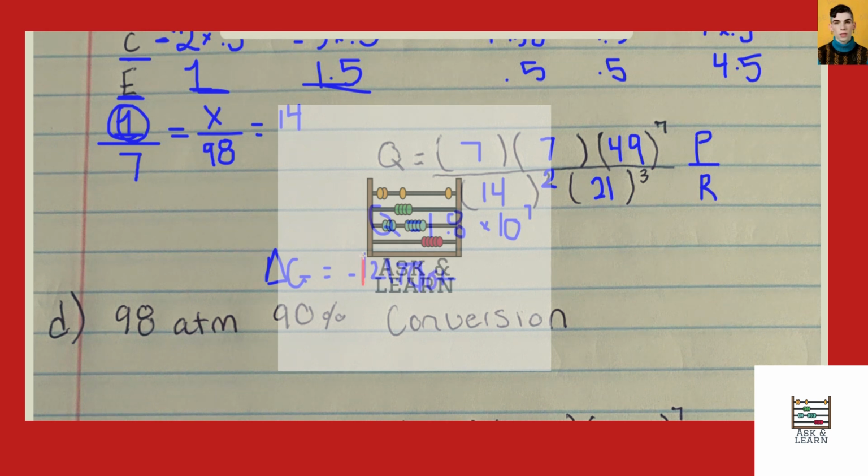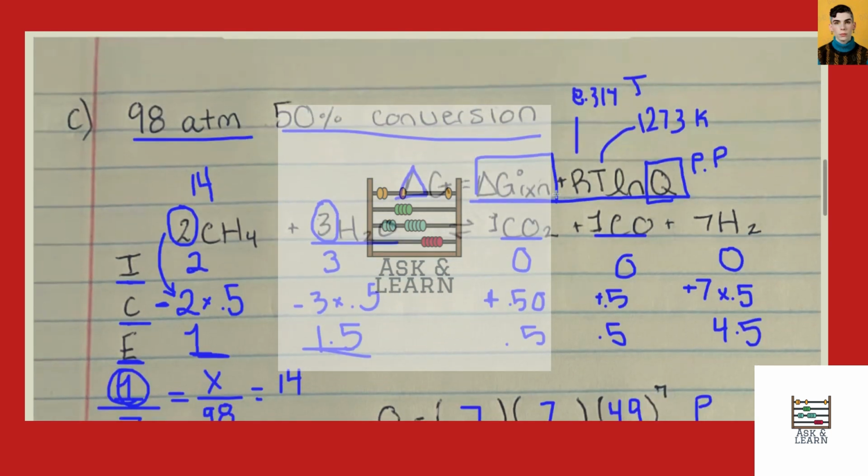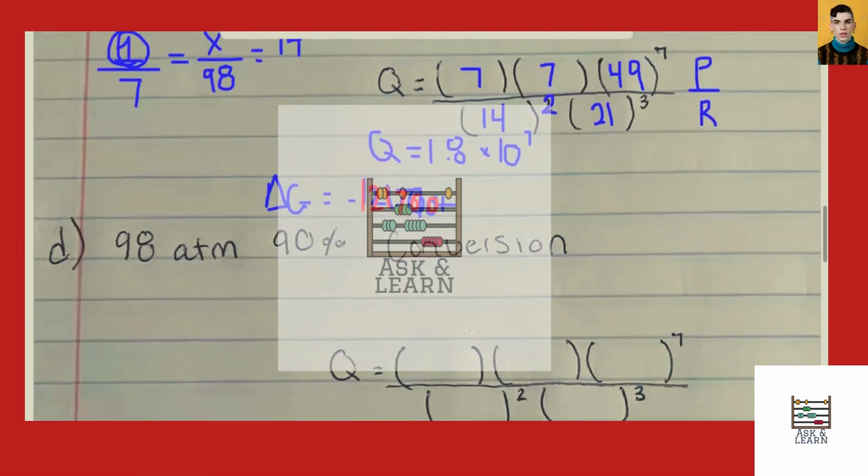Let me try with red here. 121,700. Okay, that's a little bit better. Great, and then we have our R and T: plus 8.314 times 1,273 Kelvin and times the natural log of 1.8 times 10 to the 7th.